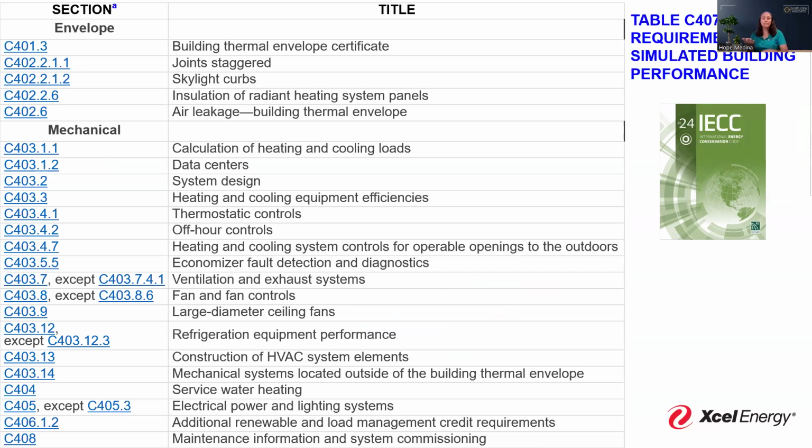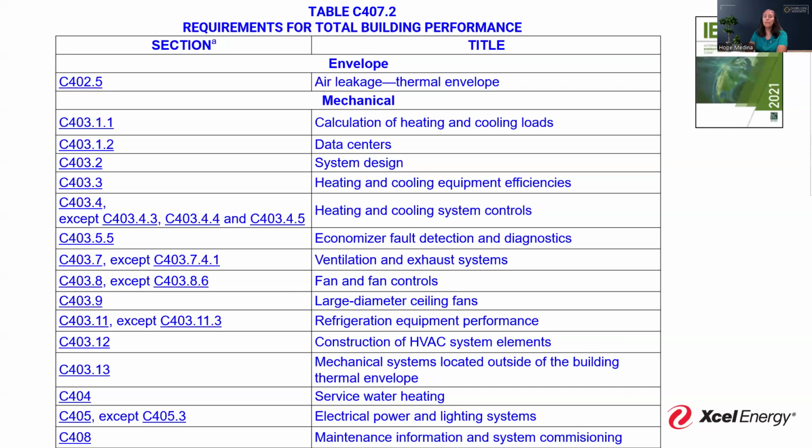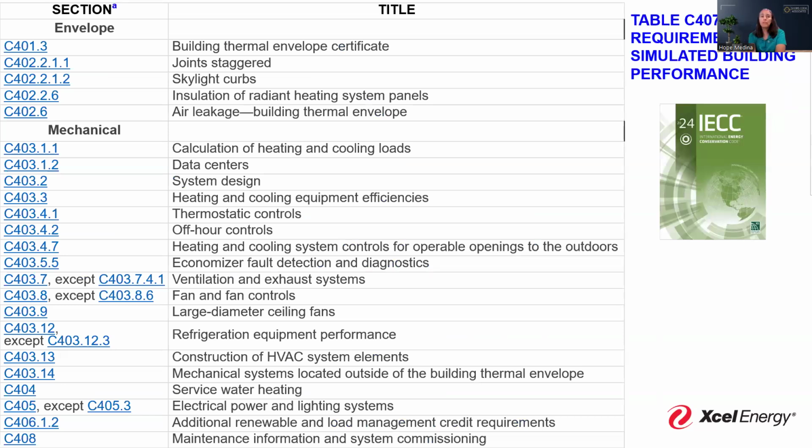So as you can see, in the 21, it just had air leakage and the thermal envelope. In the 24, it does have air leakage, but it also has things like insulation of radiant heating system panels, skylight curbs, ensuring that all the joints and seams are staggered for continuous insulation, and then our building thermal envelope certificate, components that are vital no matter what compliance path that's utilized.